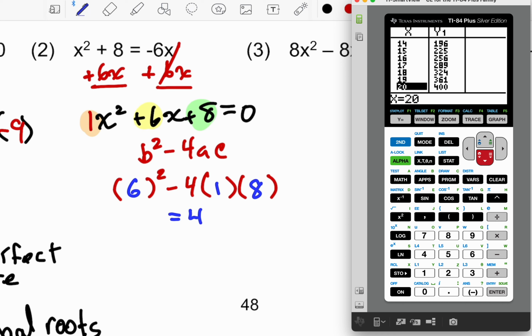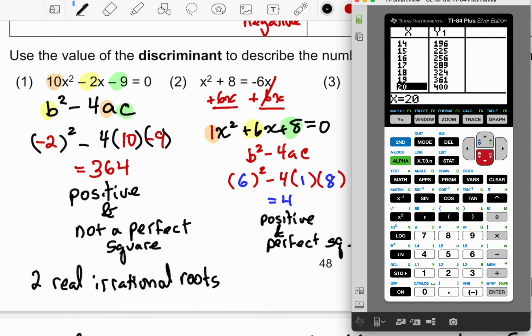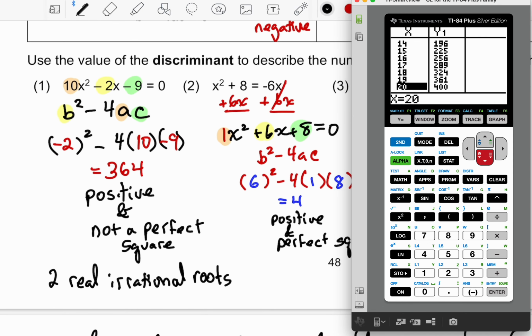But it's a safety blanket, whatever. So we're looking at a number that is positive and a perfect square. All right, so we're looking at 2 real rational roots. Just right from the table, 2 real rational roots.